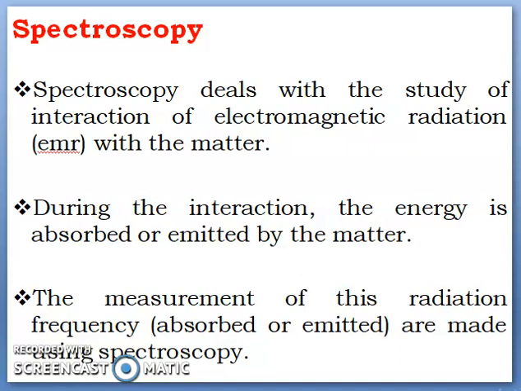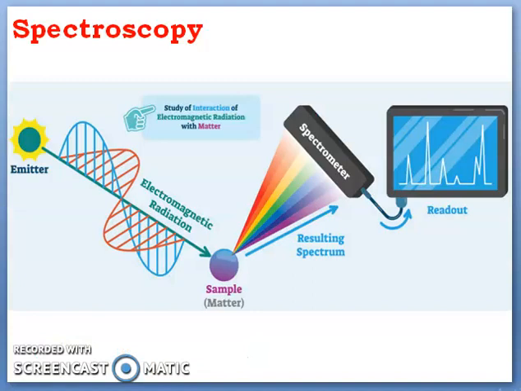The measurement of this radiation absorbed or emitted by the matter is made using spectroscopic techniques. This is the basic instrumentation of the spectroscopic techniques.